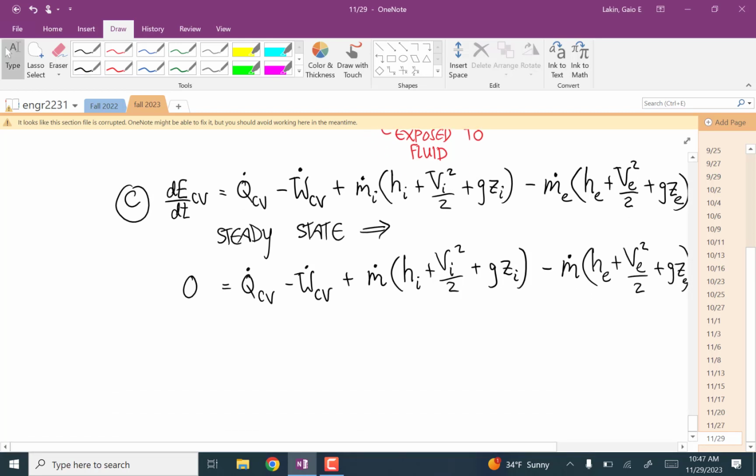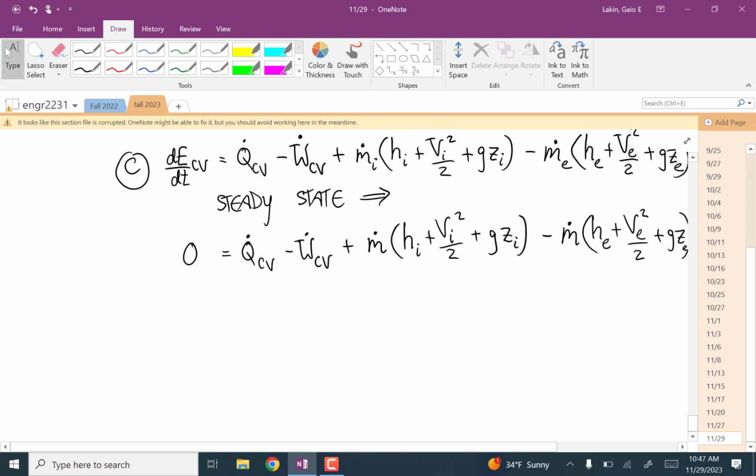Okay, and then a couple things that are useful with this equation over and over again. The first one is at either the inlet or the exit, m dot is equal to the area of the aperture times the speed divided by the specific volume.